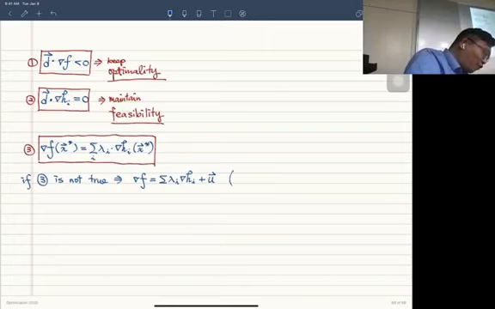Because the initial argument is that three is not true, this u vector should not be zero. So u is not zero. Okay.